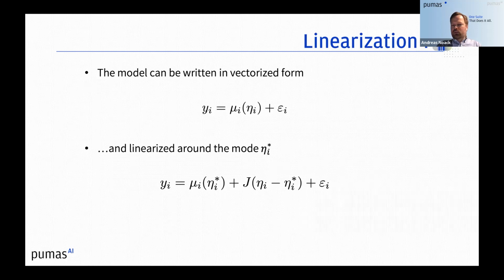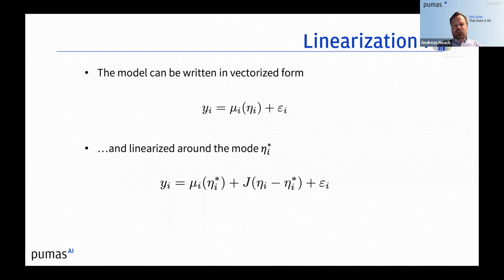We can now linearize this expression around the mode, the empirical Bayes estimates, as they are also sometimes called, for the random effects. That's the point where the gradient of the log likelihood will be 0, at least in cases where the model is well behaved.